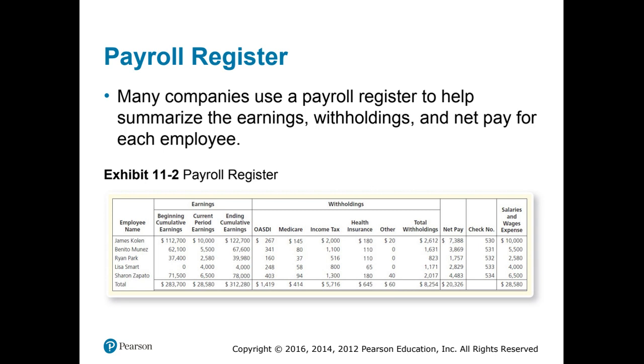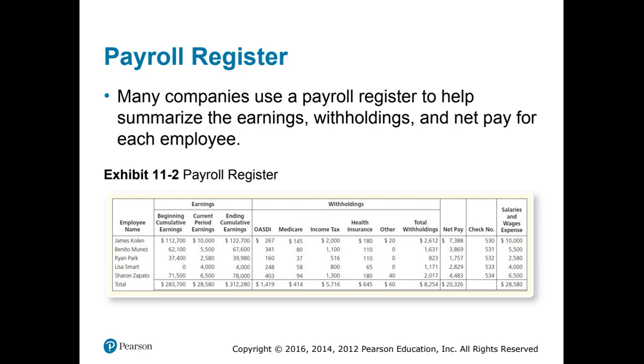We have their earnings. So in the beginning of the payroll register, we have earnings. We've got our beginning cumulative earnings plus whatever they've earned in that current period, and then the ending cumulative earnings. So this is just somewhere for us to quickly look and see what this employee has made during the year.